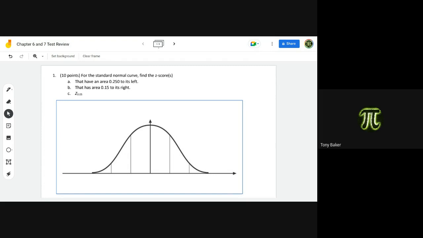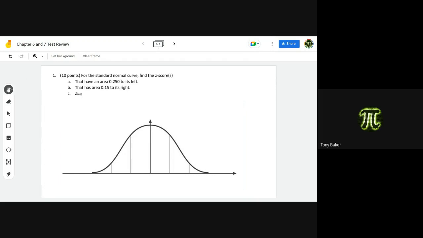A little sketch normally helps here, just to make sure you're getting the right sides. We're looking at 0.25 to the left, so that's over this side. So let's draw a line, we're looking this way. That means when we're looking at the z-table, since I have an area, we're looking for the z-score that goes along with that.